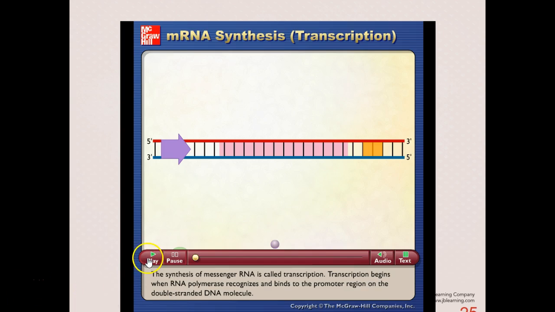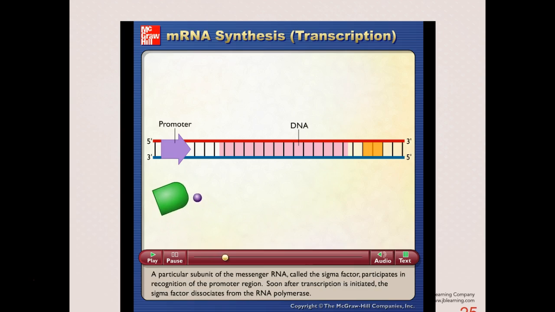Let's watch this video quickly. The synthesis of messenger RNA is called transcription. Transcription begins when RNA polymerase recognizes and binds to the promoter region on the double-stranded DNA molecule. A particular subunit of RNA polymerase called the sigma participates in recognition of the promoter region. Soon after transcription is initiated, the sigma subunit dissociates.